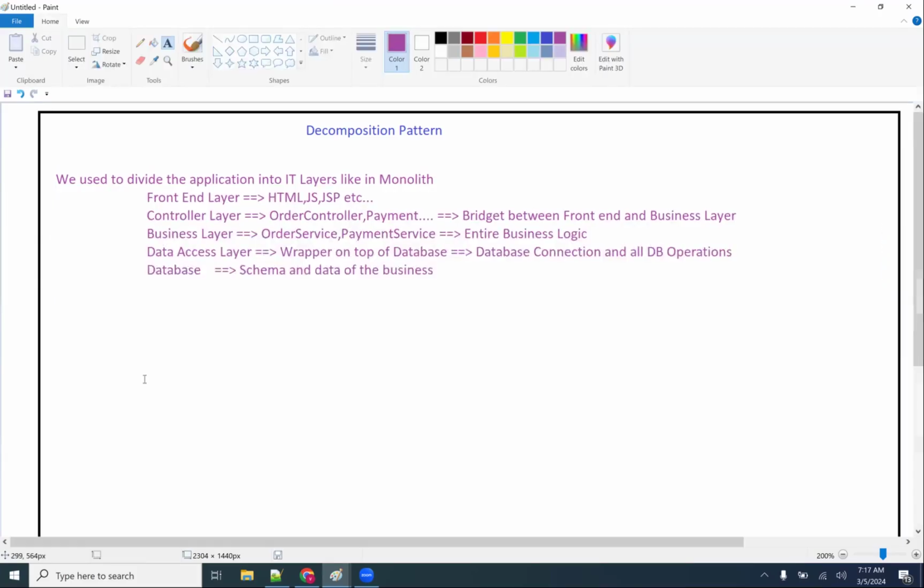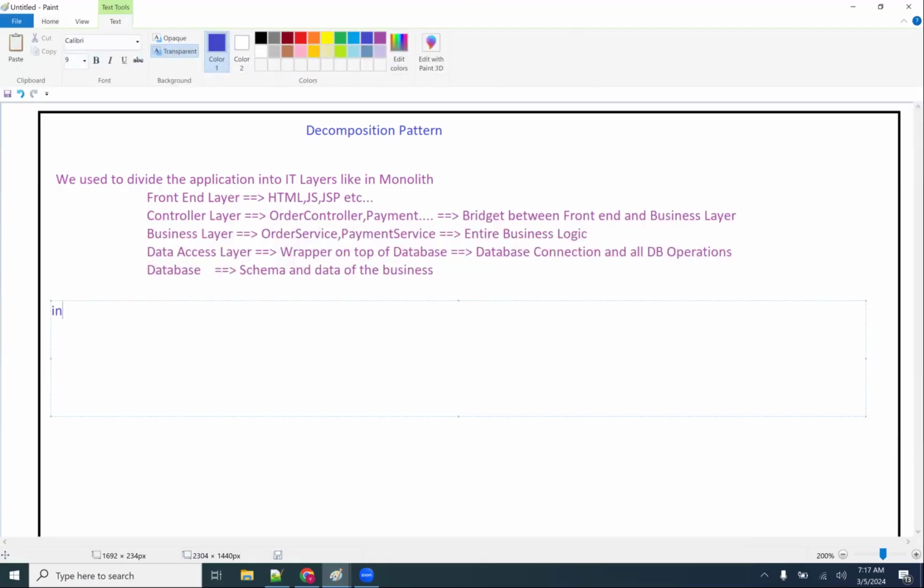But in the case of microservices, it is the same decomposition, but the pattern of decomposing the application will differ.